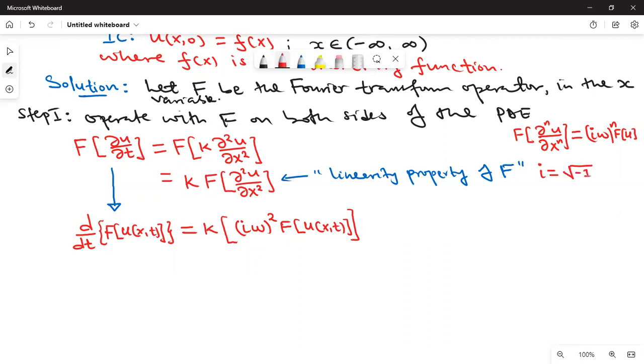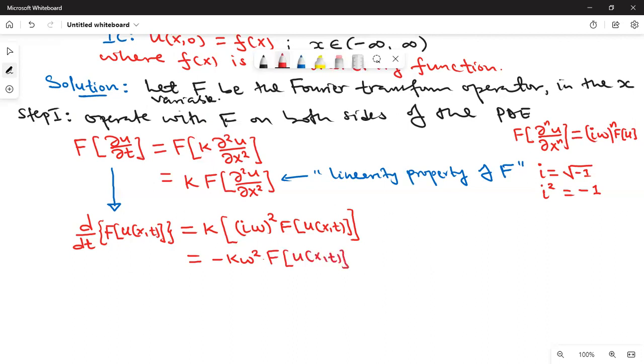So this means that i squared will be equal to -1. So that on the right hand side, we can now get this as negative k omega squared. Why negative? Because of the i squared. Then times the Fourier transform of u of x, t.